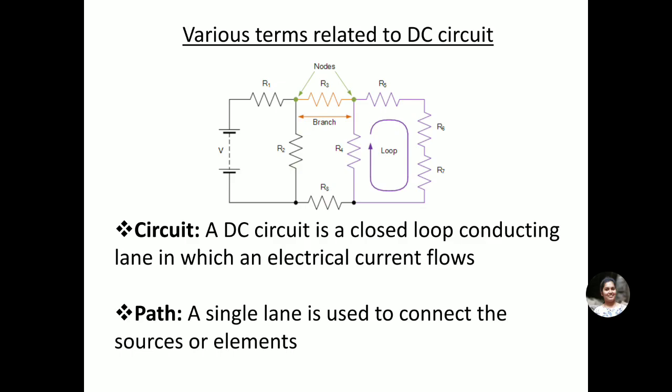A loop is a closed path in which current flows only once through those elements. And the next definition is mesh. Mesh is a single closed loop series path. Mesh is a single closed loop series path that does not contain any other path.